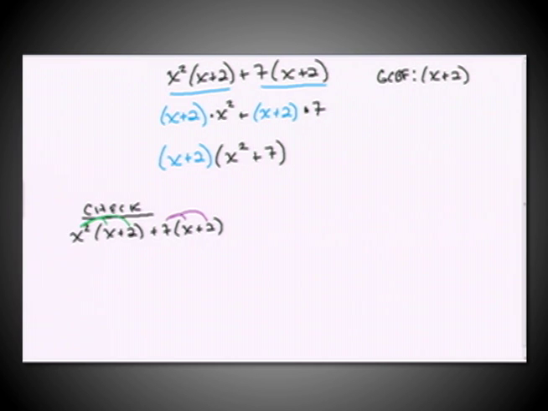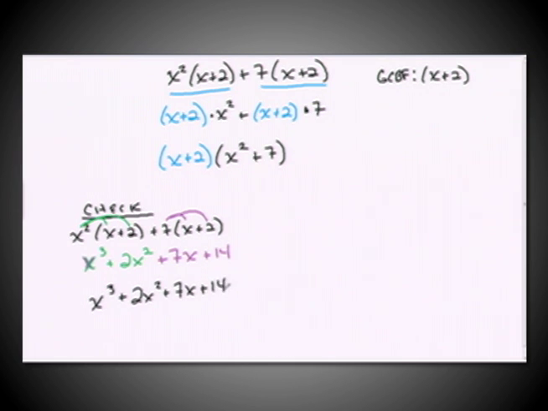So x squared times x is x cubed, and x squared times 2 is positive 2x squared. Moving to distributing the 7, we have 7 times x, which is positive 7x, and 7 times 2, or positive 14. After combining like terms, which I don't see any to combine in this one, we'll just rewrite the polynomial as x cubed plus 2x squared plus 7x plus 14.